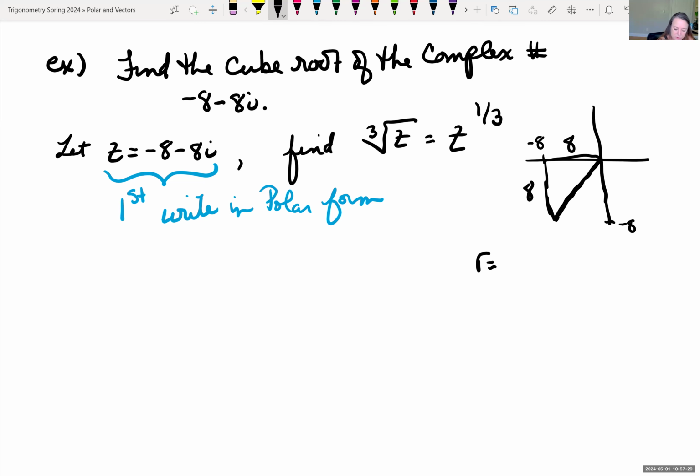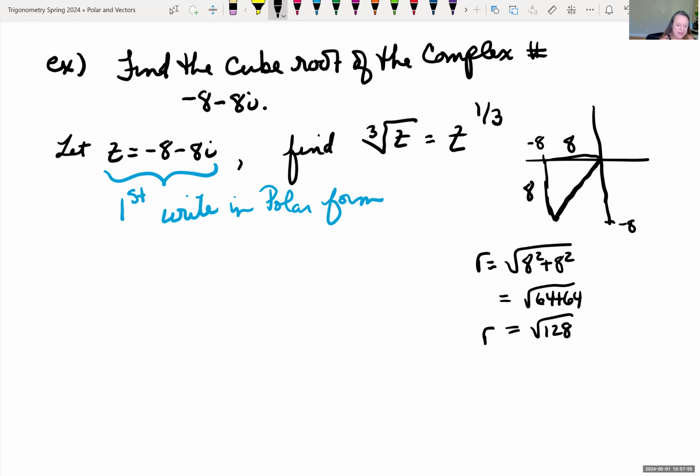R is equal to the square root of 8 squared plus 8 squared, the square root of 64 plus 64, which is 128. That's not a perfect square, so I'm just going to leave it like that for now.